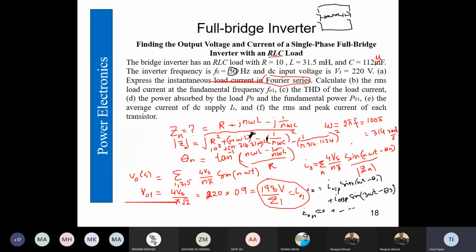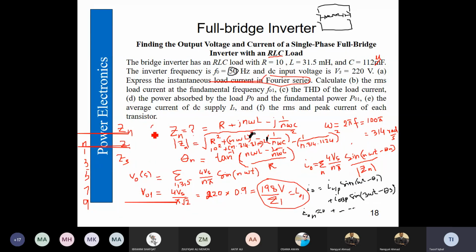So what I would suggest is, for simplicity, to make a table in which we are going to find the value of Zn. On one side we have the value of n: 1, 3, 5, 7, 9, and then obviously for this we have Z1, Z3, and so on.